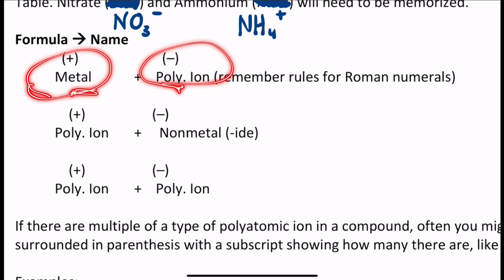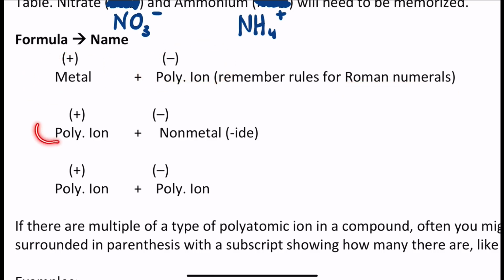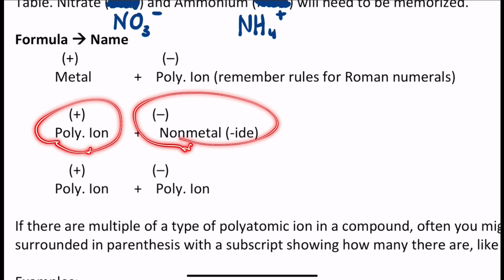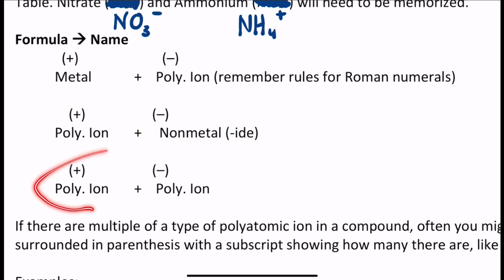When you have a metal, just remember sometimes they need Roman numerals, sometimes they don't. You might have a polyatomic ion like ammonium and a nonmetal. If you have a nonmetal that's not a polyatomic ion, just remember to change the ending to "ide." And finally, you could have 2 polyatomic ions together. Whenever you have polyatomic ions, you always keep the name as is.